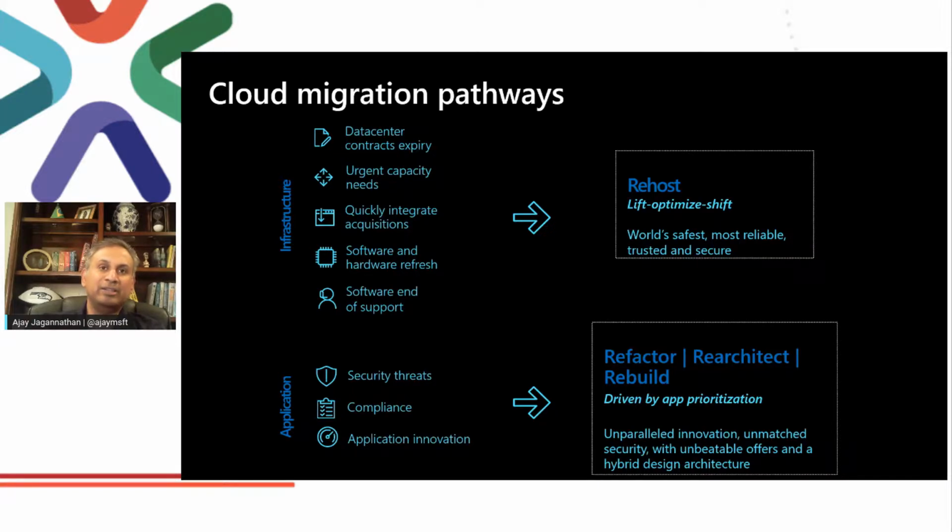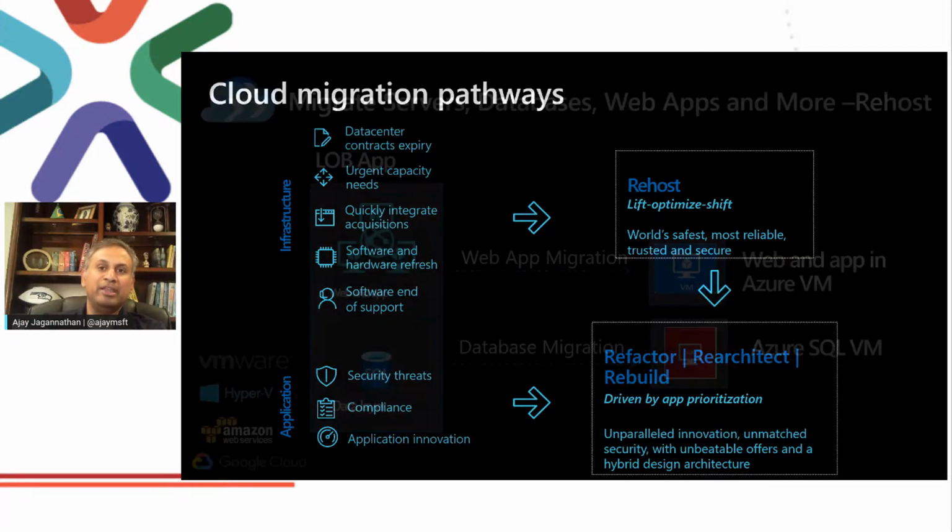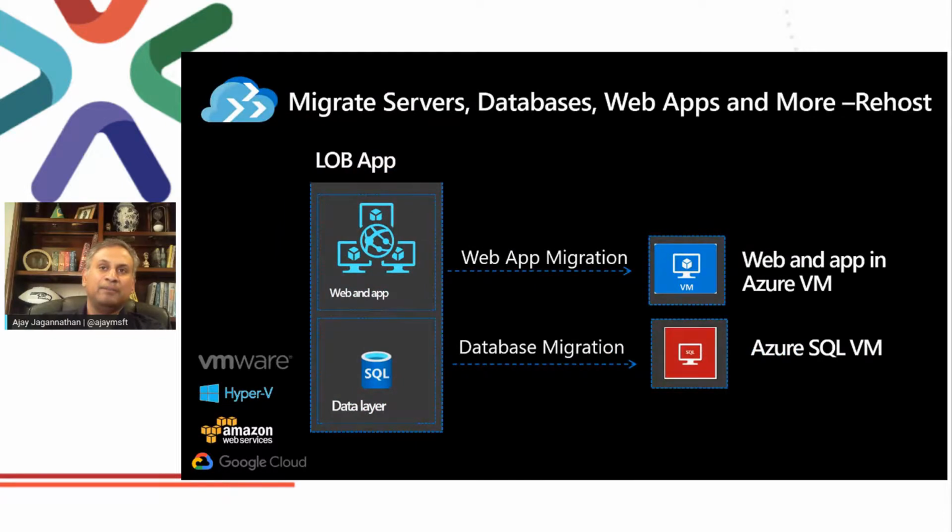So how do we get there? What are the tools that we are making available to customers? If you look at the rehost scenario, for a database application like SQL Server, you typically have a 2 or 3 tier architecture with an app or web tier, a middle tier and then the data tier. So you can take your lift and shift experience and move the app and web to VMs, as well as SQL Server can be moved through server migration to Azure SQL VM.